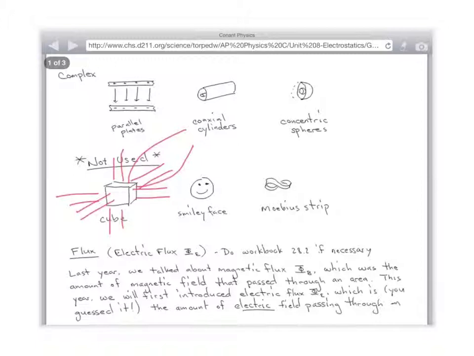How much flux will happen if the ring's like this? None. It won't capture any because it's sideways. So flux is the amount of field lines going through a given area, or through a given shape. And if that shape is rotated sideways from the field, then the flux is 0.